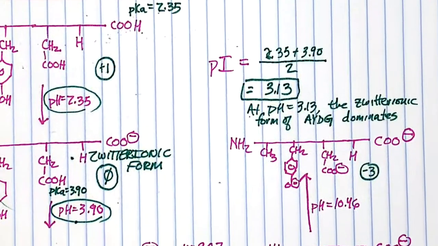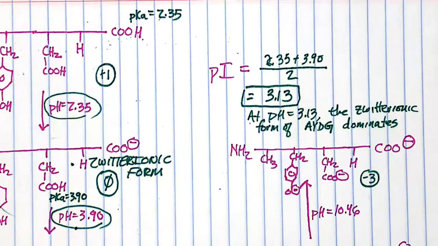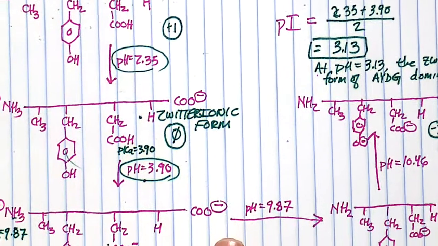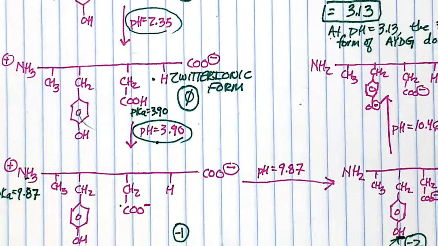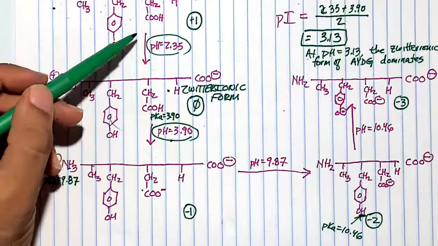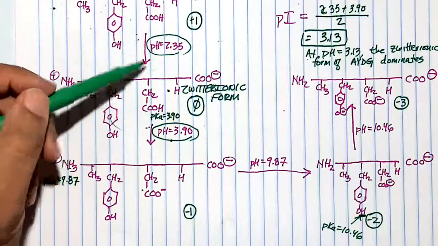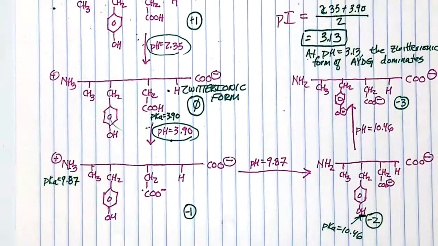Tick them off one by one according to their pKa values. Find the zwitterion and average the pHs that flank the zwitterion. Okay, so that's how you want to approach these types of problems.